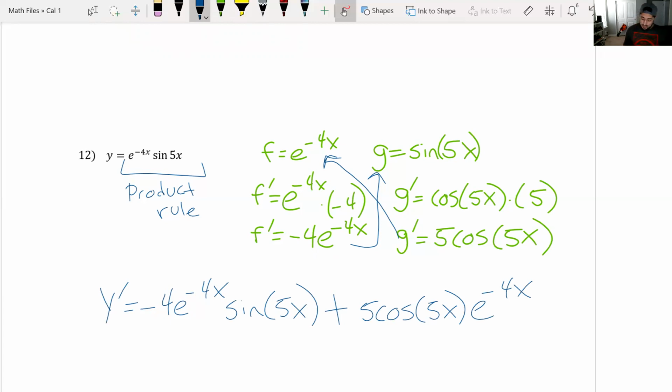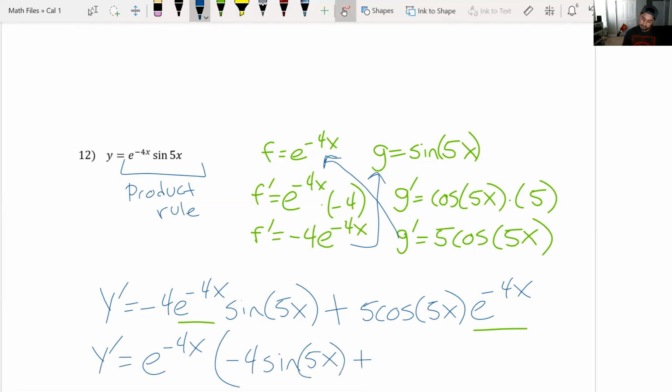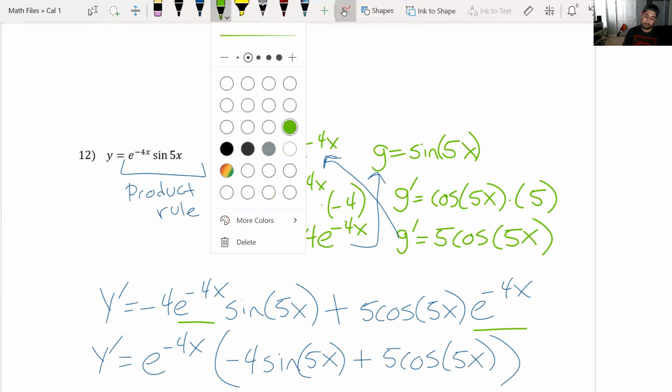Make it pretty. I see a greatest common factor of e to the negative 4x. So y prime equals e to the negative 4x times negative 4 sine 5x plus 5 cosine 5x. And done.